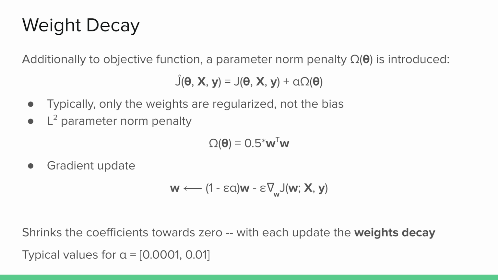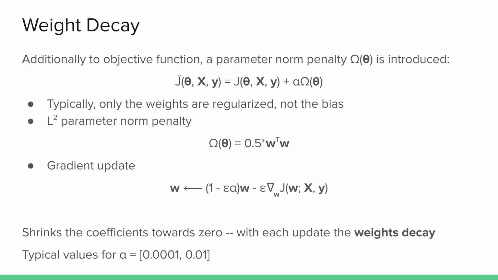If we use weight decay, our gradient update step now becomes slightly different. As you can see here, we have the weights and then we subtract our gradient that we compute. So what happens here is that our new weights will shrink for every update step that we perform.